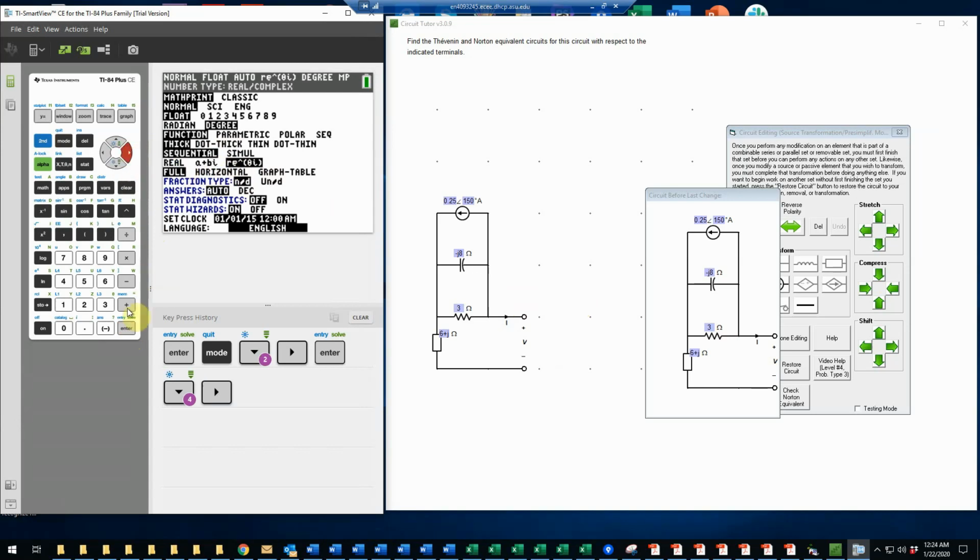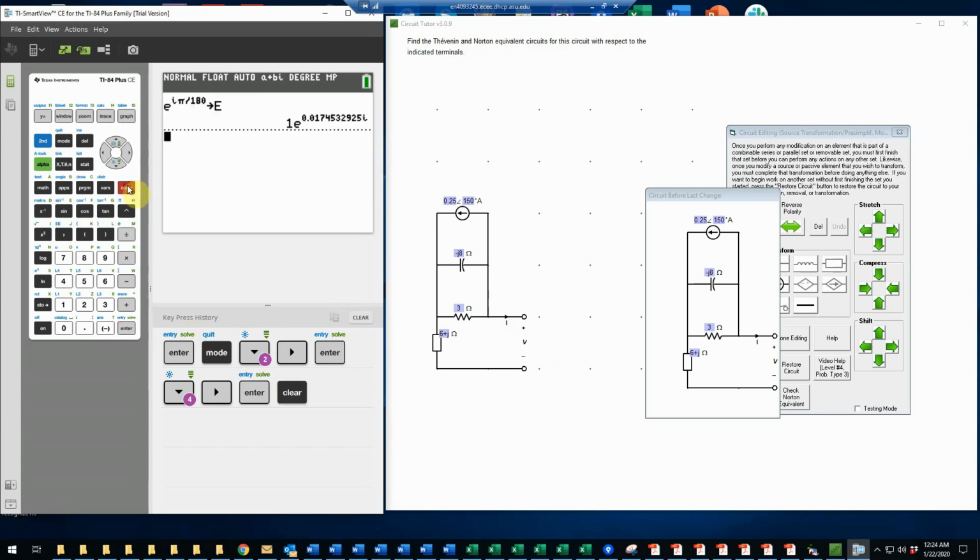So I'm going to select that just so I don't have to do a conversion at the end. So there I have that, and now I can exit that, and I just verify I'm in rectangular mode in degrees. The degrees won't matter here, but it will matter in future calculations. So now let's do this calculation of combining these two things in parallel.